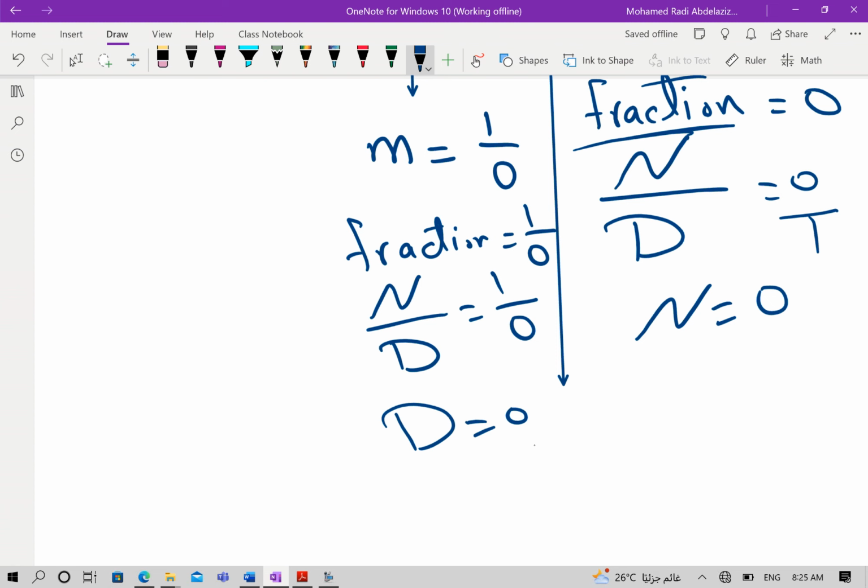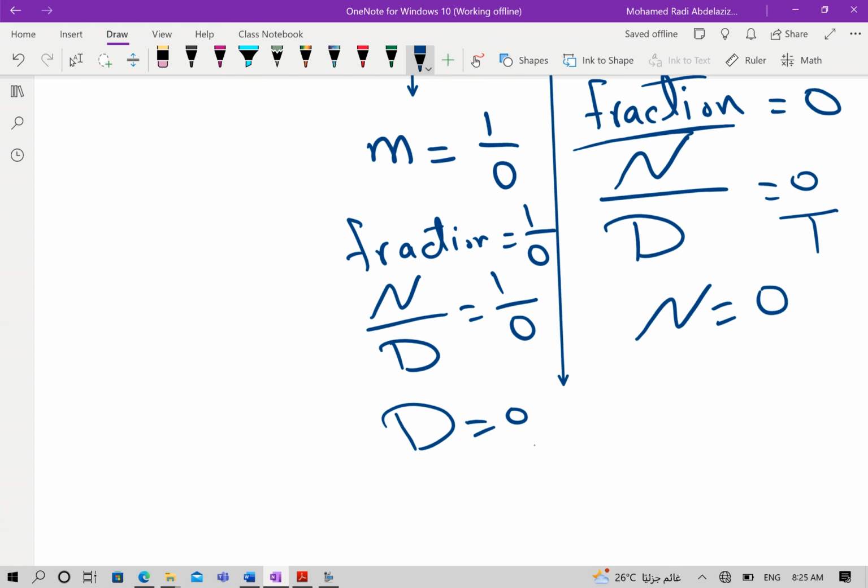In case of the line parallel to the y-axis, the gradient is a number over 0, which means the denominator is 0. But make sure there are no common factors between the numerator and the denominator. You have to remove them first.